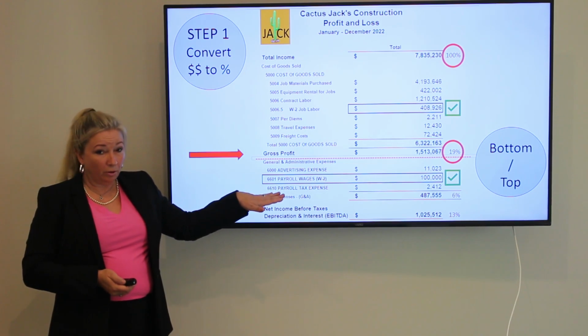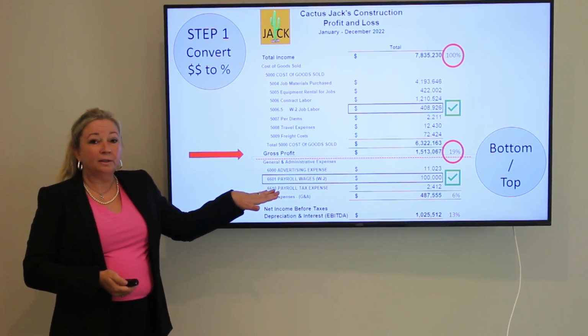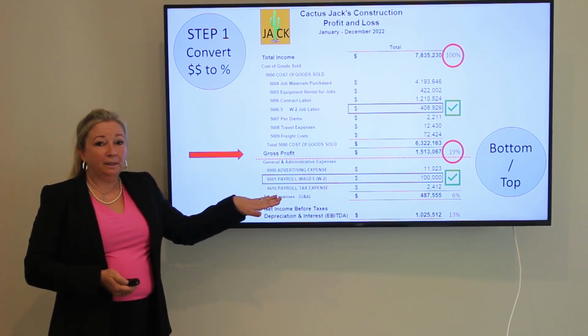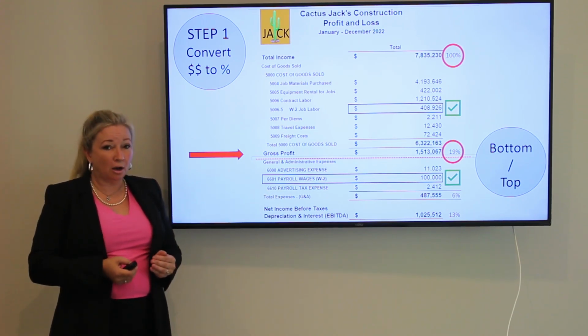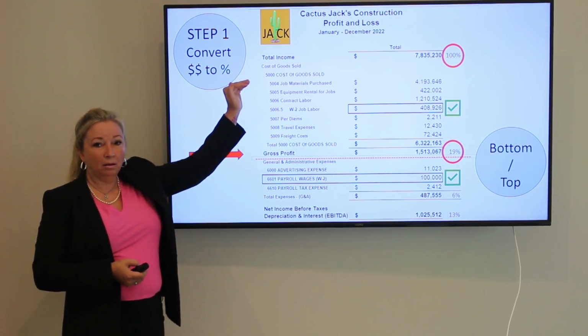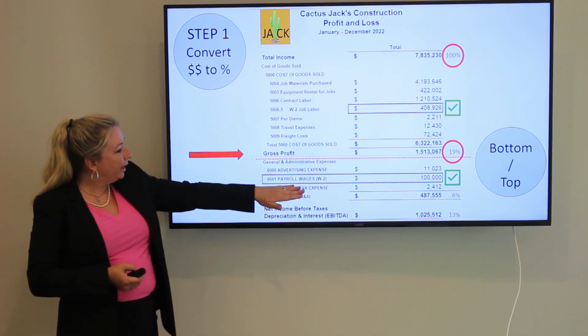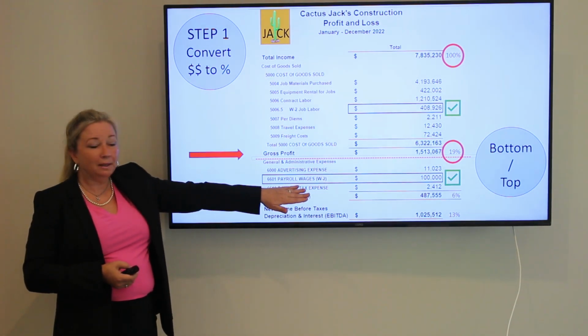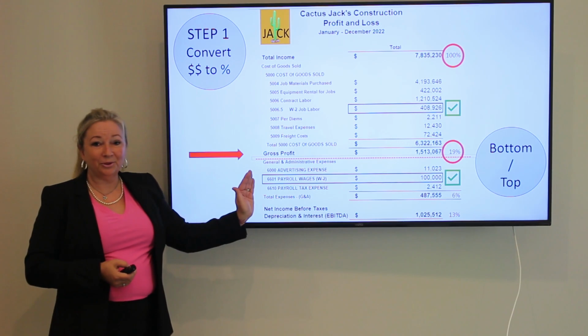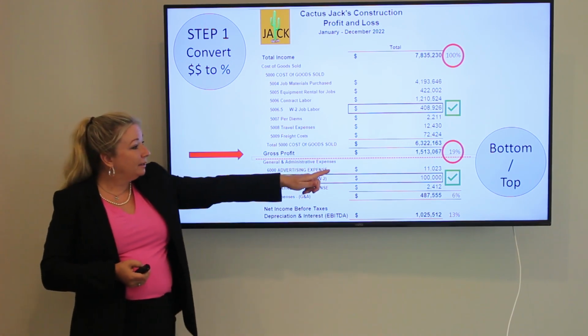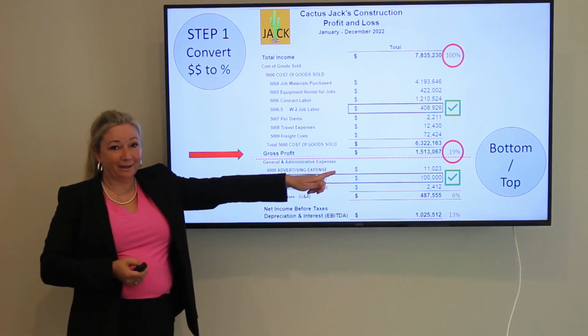It could be your controller salary or your CEO salary, your VP salary, people that aren't hands-on performing a job to sell. So once I took out all of the job labor from this line and moved it up here and recalculated my percentage, now I understand my gross margin is only 19%.